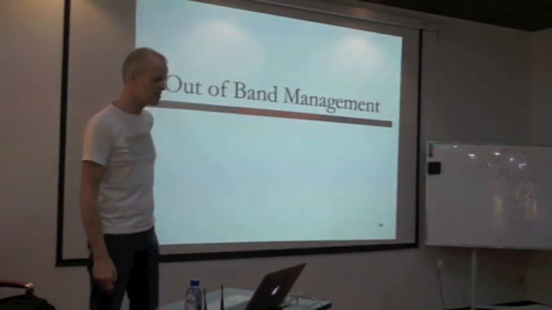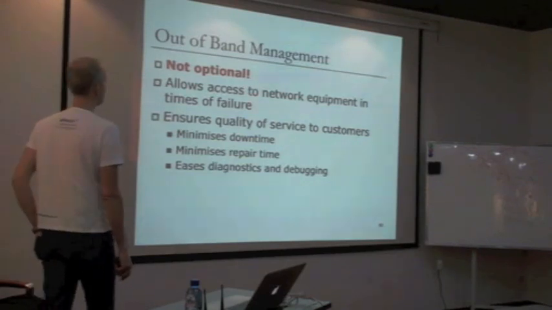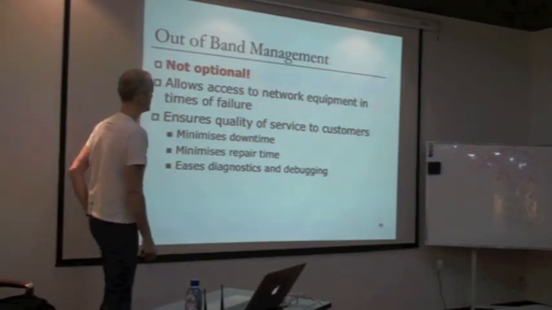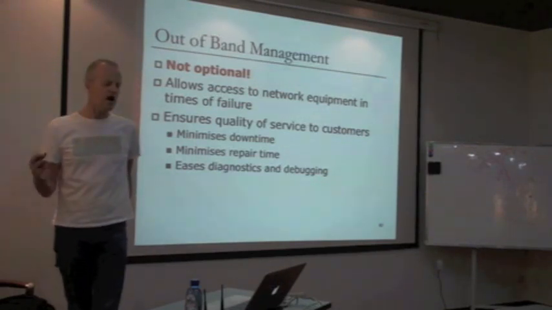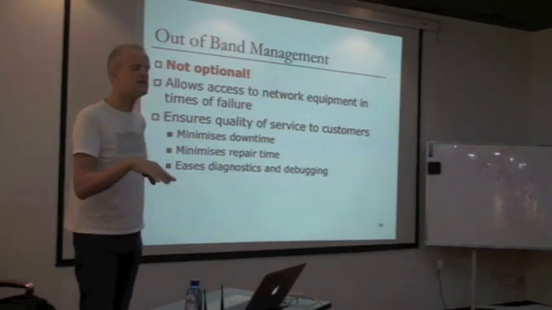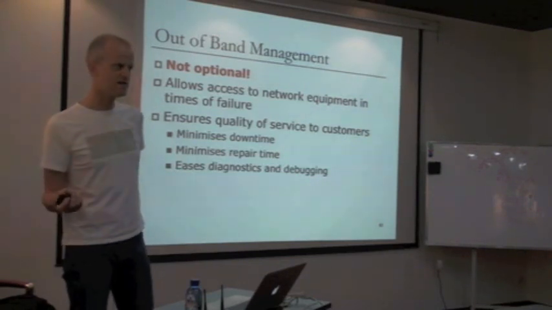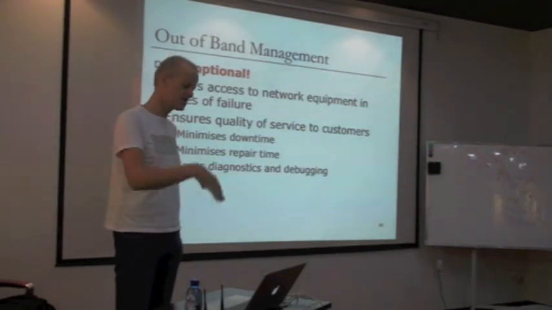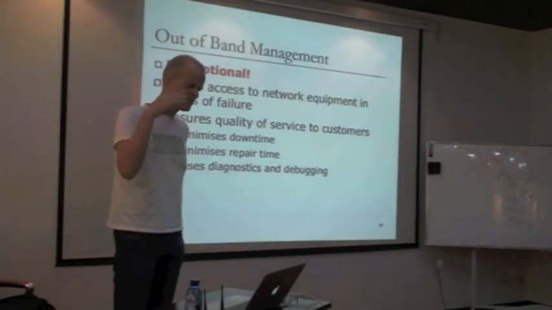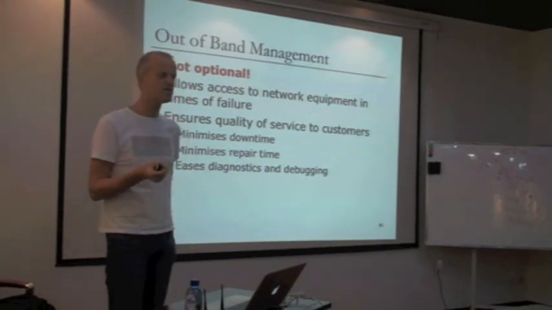Now, out-of-band management. This is important as well. Out-of-band management is not optional. This gives you access to network equipment in times of failure. For example, here in the lab, you have been accessing the routers out of band. You haven't been telnetting to the routers, you have been telnetting to a fake access server that gives you access to the console of the router.